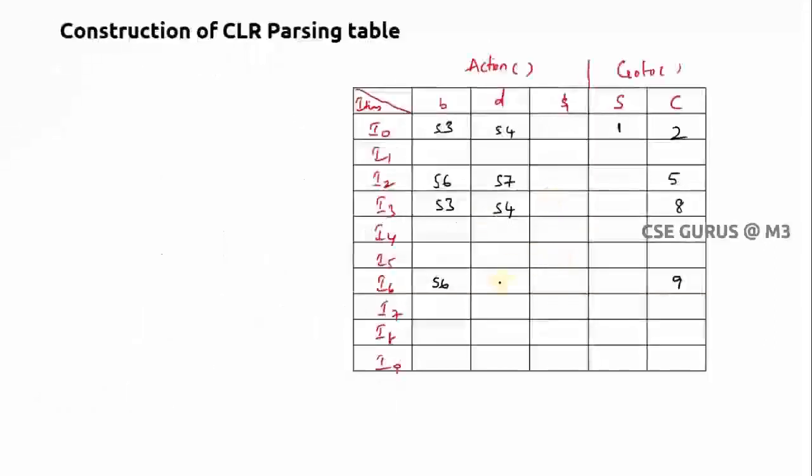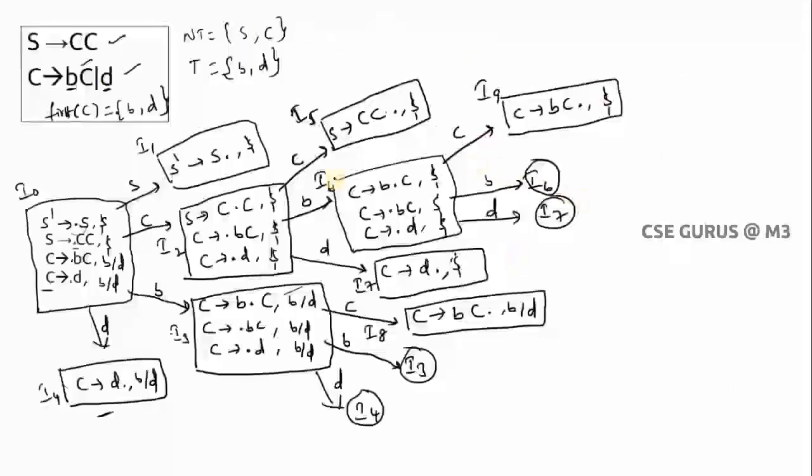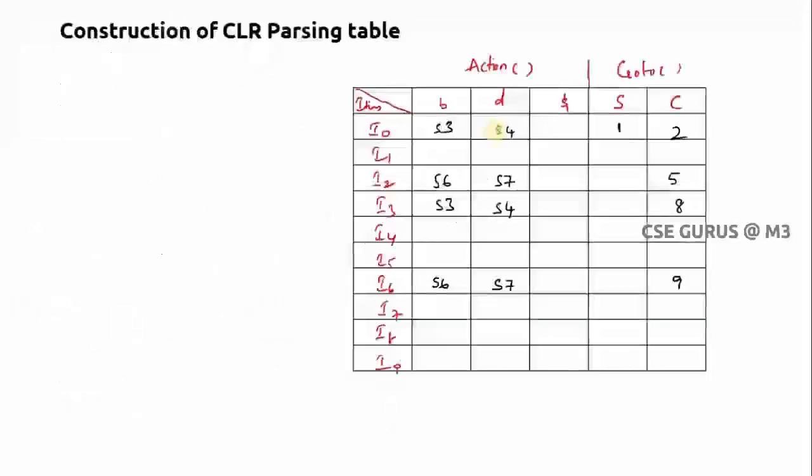I7 means S7. So I am just adding S to these numbers. Whenever it is a terminal, you have to add S. S means shift. So I6 to D is also over. I7, is there any? No. I8? No. And I9? No. So this is over. This is only for shifting.